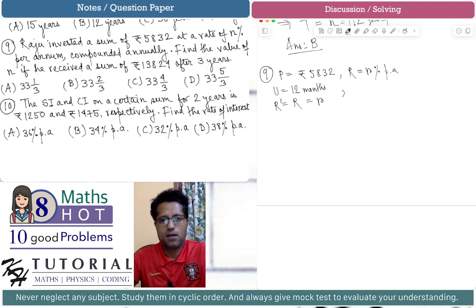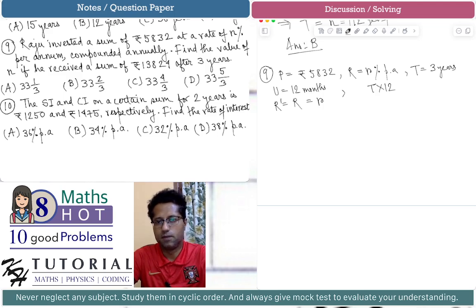Okay. Now, to find the whole number n and the fraction a by b, we need to find the value of t multiplied by 12 divided by u. So t is given to be 3 years.